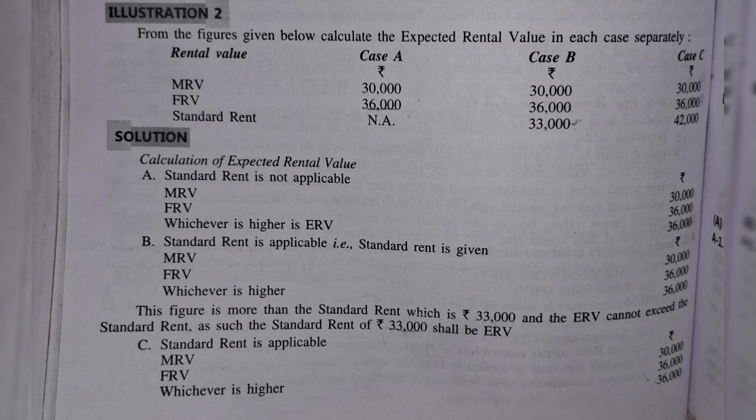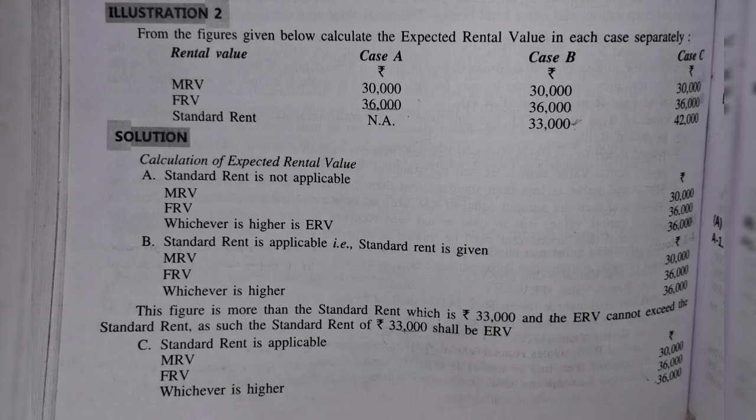The limit given by the Rent Control Act is far more and our expected rental value is less, so we will select the amount that we have, which is our expected rental value. So out of 36,000 and 42,000, we will choose 36,000.